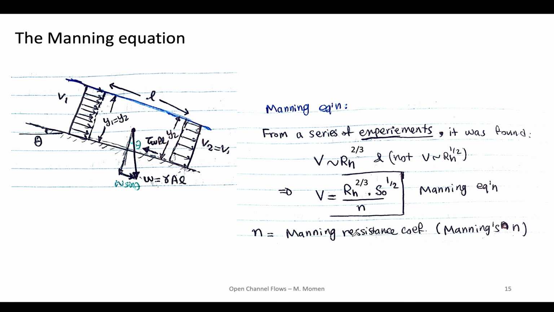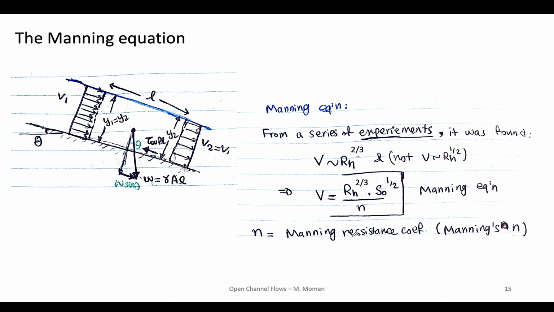Okay, so we found this Chezy equation, as I said, from the momentum equation along the channel, and also the assumption of a very large Reynolds number, for which we found that the wall shear stress is only a function of roughness and dynamic pressure.